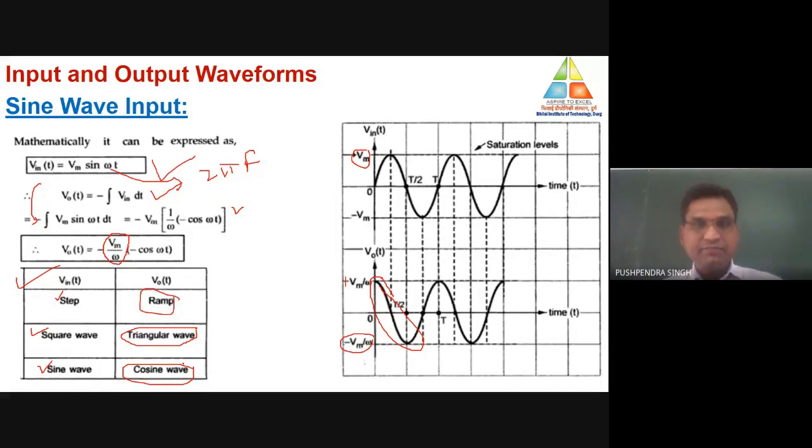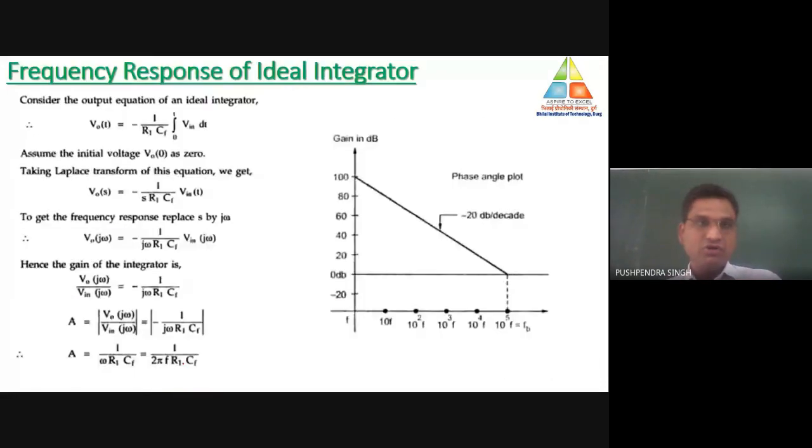Simply integrate whatever signal you have, and with that you can easily generate the output waveform of the integrator. So simple. These are some examples of the different kinds of input and output waveforms which can be generated with the integrator circuit. I hope that is clear to all of you.